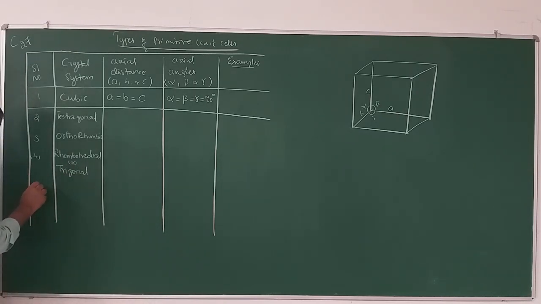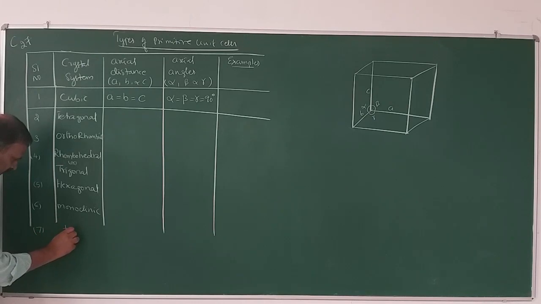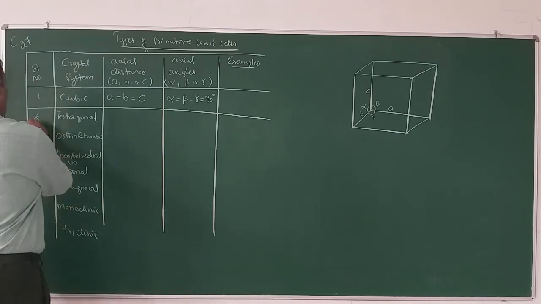The fifth one is hexagonal. The sixth one is monoclinic, and the seventh one is triclinic. So these are the 7 types.